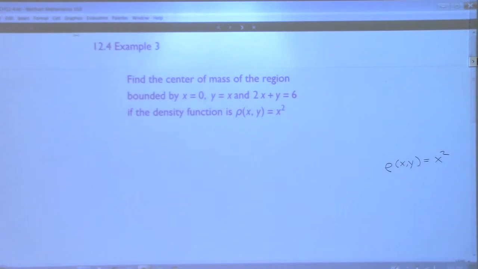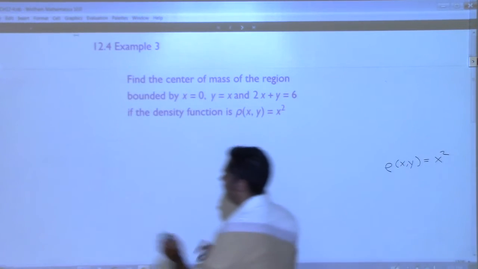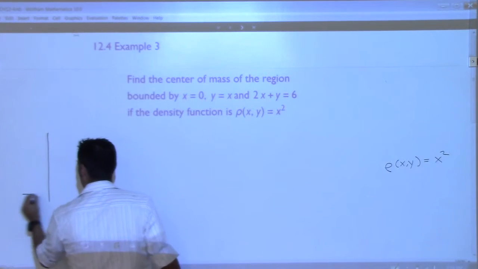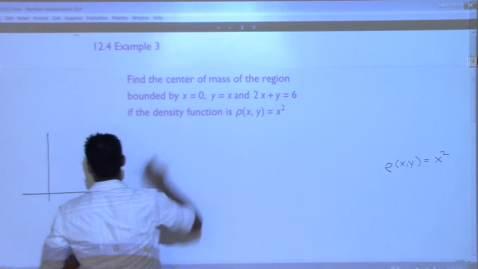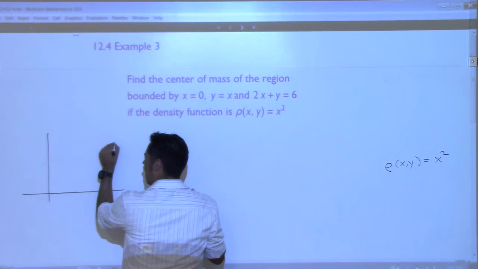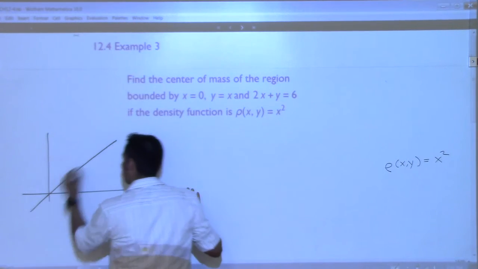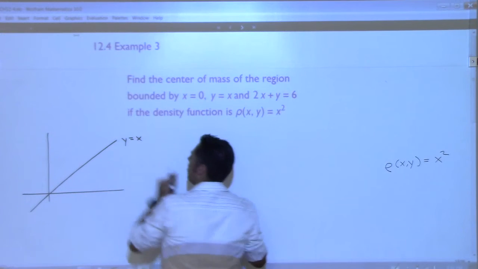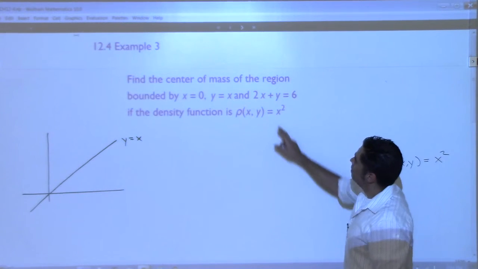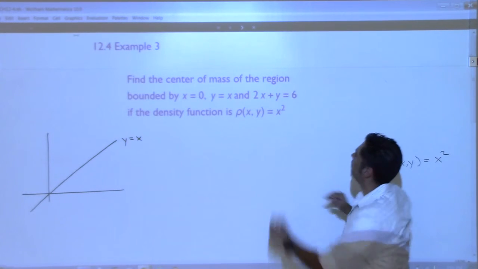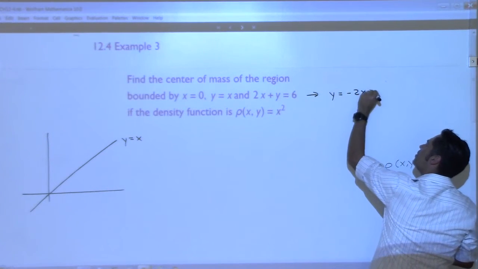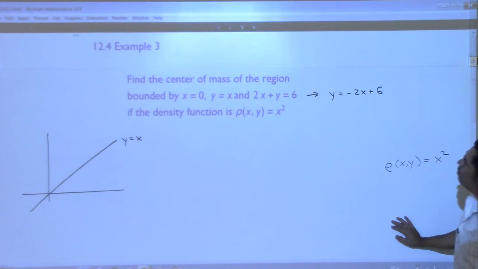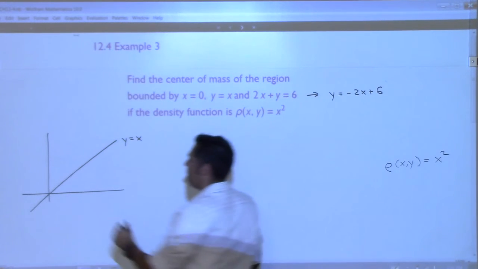Let's start by drawing the lamina. X is 0 is the y-axis. Y equals x. That. This right here, let me solve that real quick. This is y equals negative 2x plus 6. So that has a y-intercept of 6.